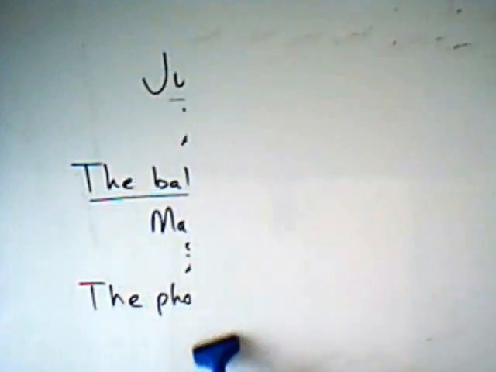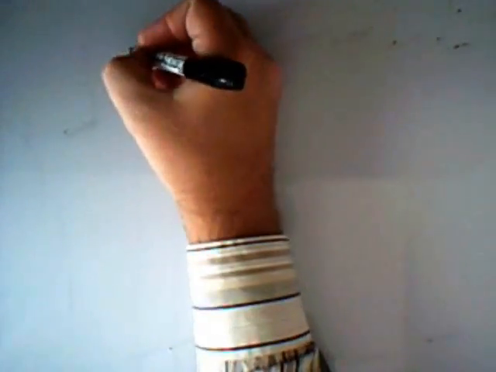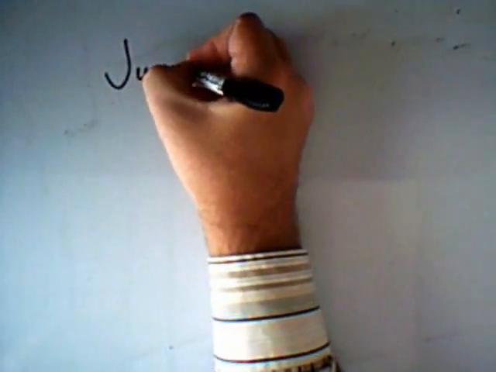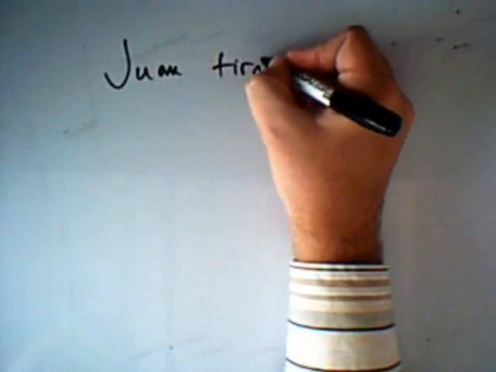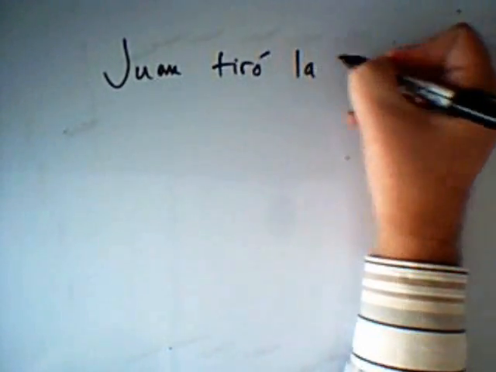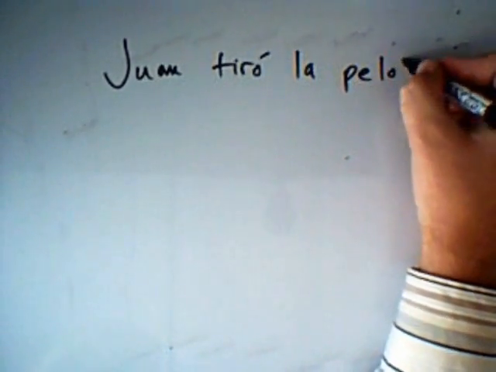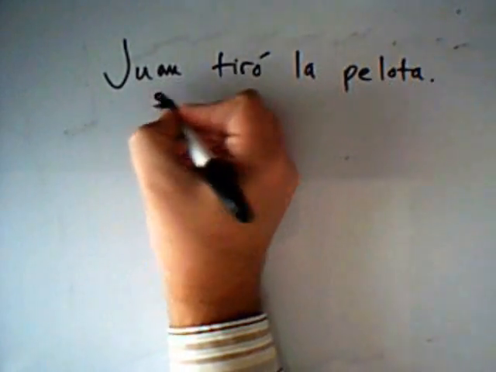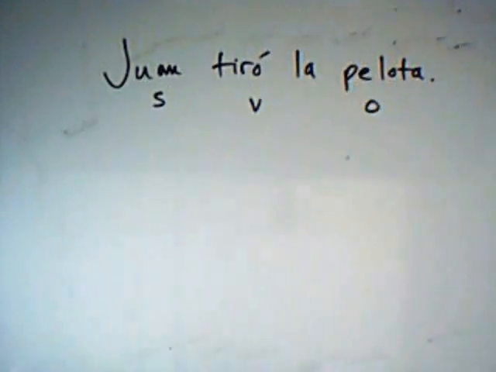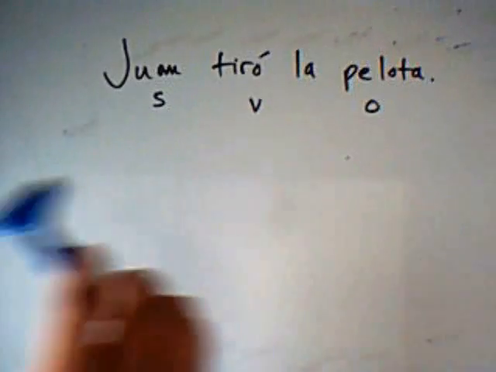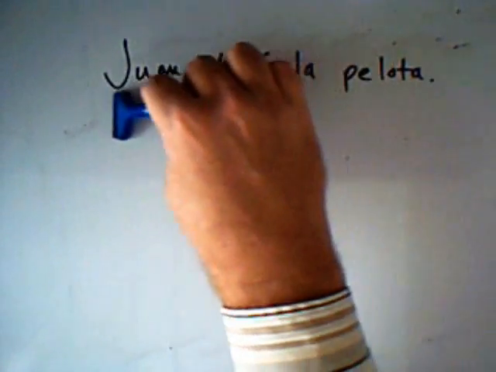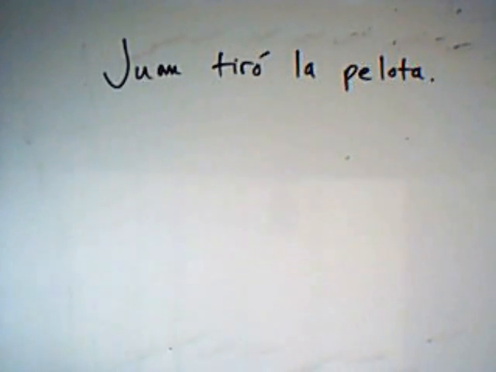So, the active voice version of Juan threw the ball would be Juan tiró, our verb in the preterite tense, la pelota. Notice again, subject, verb, object, which also happens to be the typical predominant syntactical order of the Spanish language.